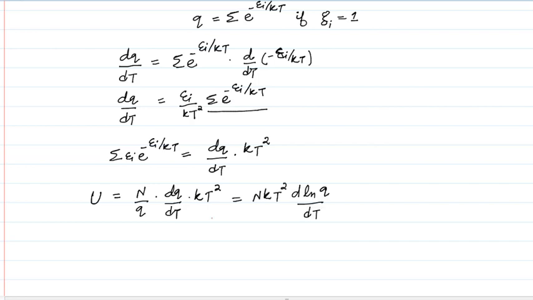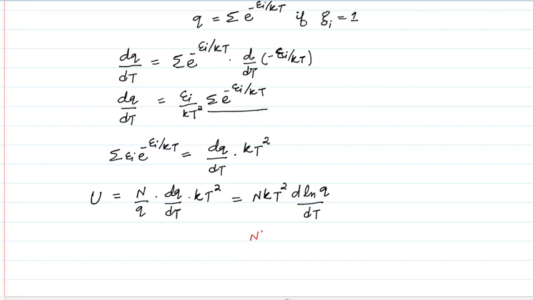So this is a very simple relation. We know that if we take the total number of molecules times the Boltzmann constant, it will be equal to the number of moles into the gas constant.